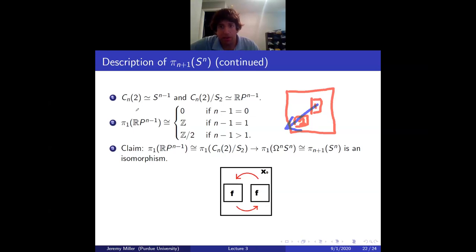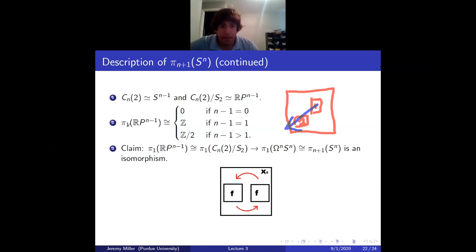That'll give you an element of the sphere, and that's a homotopy equivalence. And now when you mod out by S2, you can't say the vector going from the 1 cube to the 2 cube because they're no longer labeled, but you could still talk about that line. And that line gives you an element of RP^(n-1).